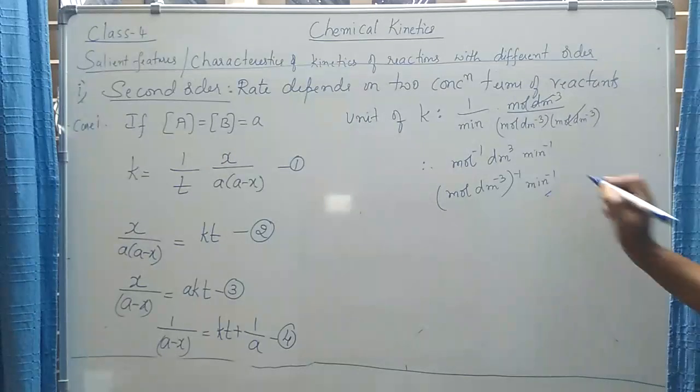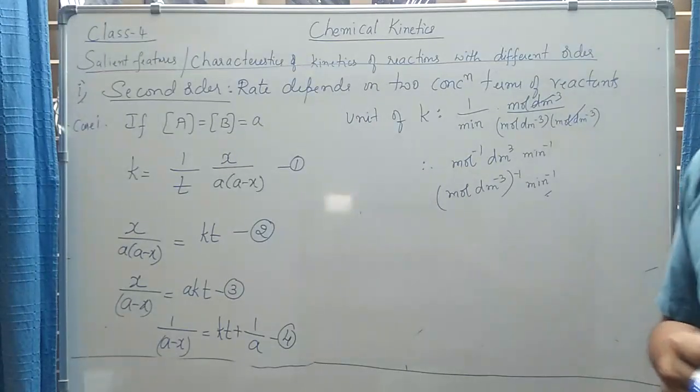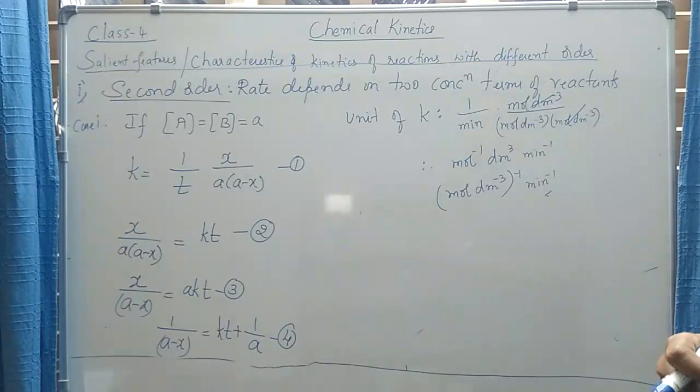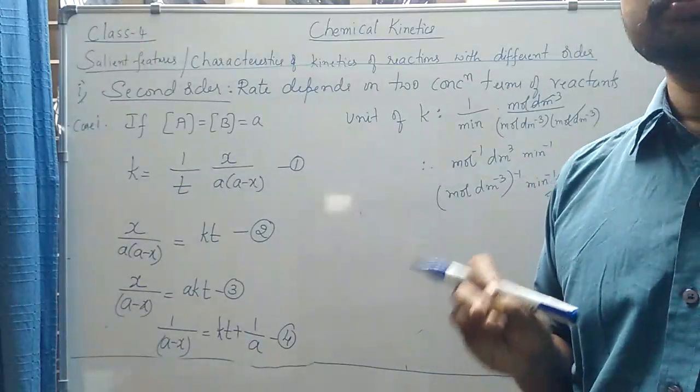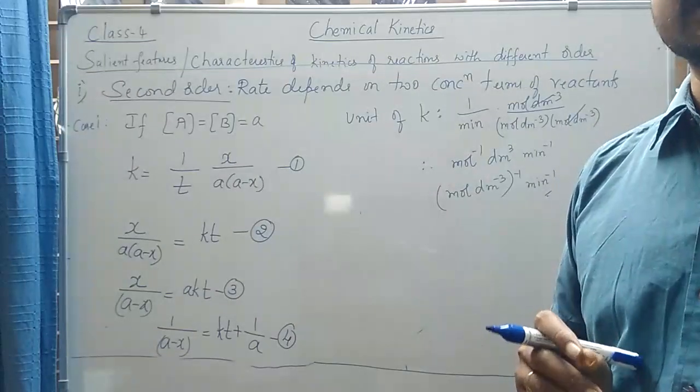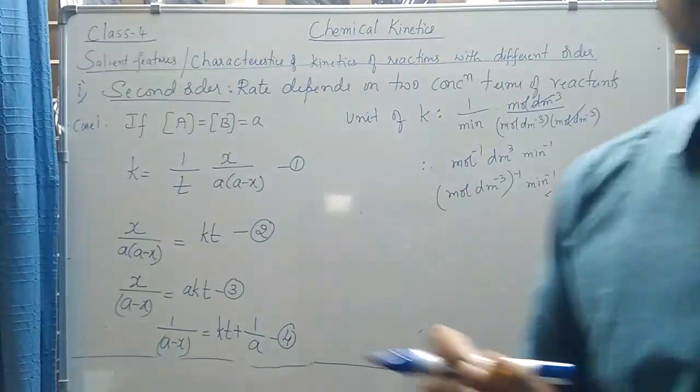So this is the unit of the rate constant of a second order reaction. Right, now let us try to find out what are the different possible ways in which you can graphically represent a zeroth order reaction.